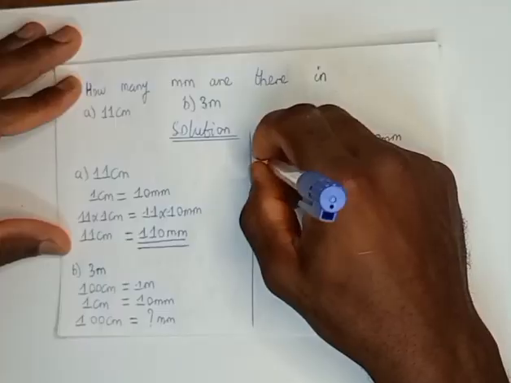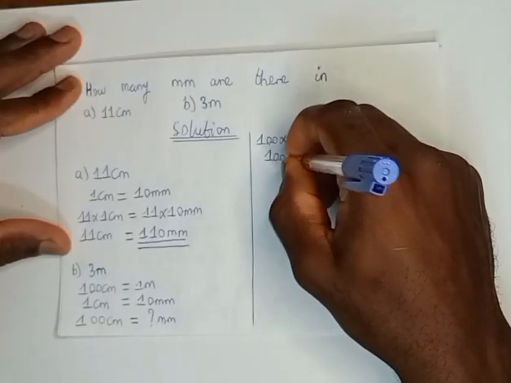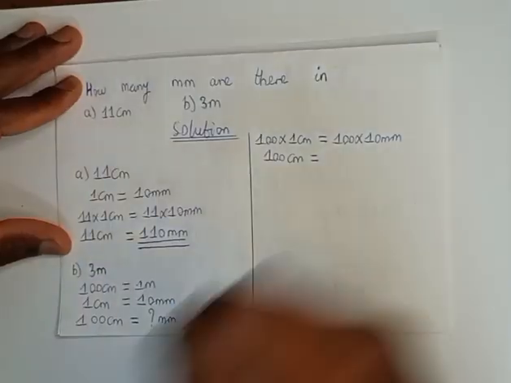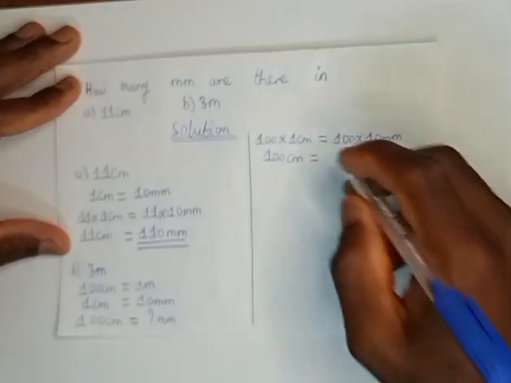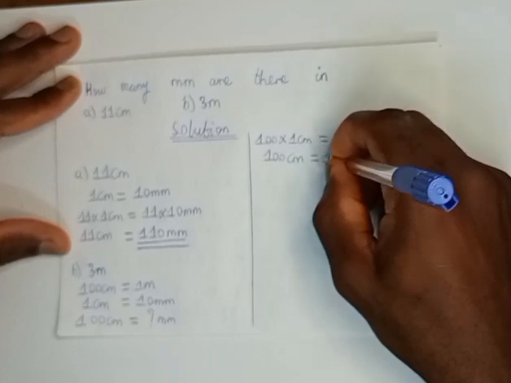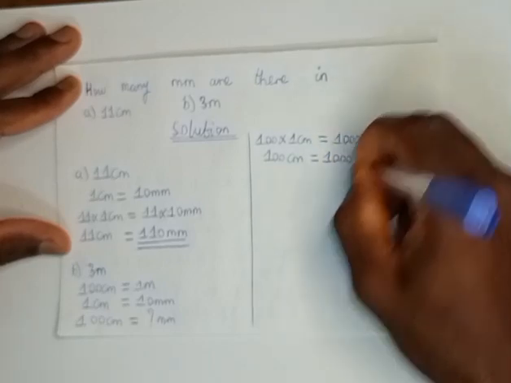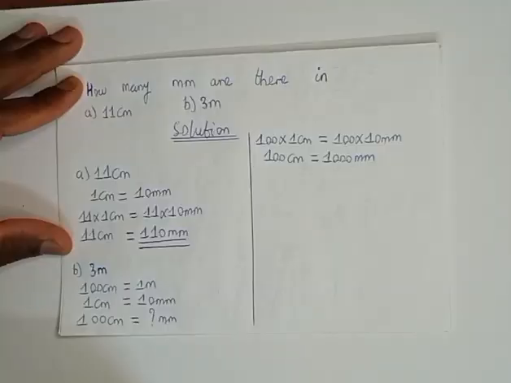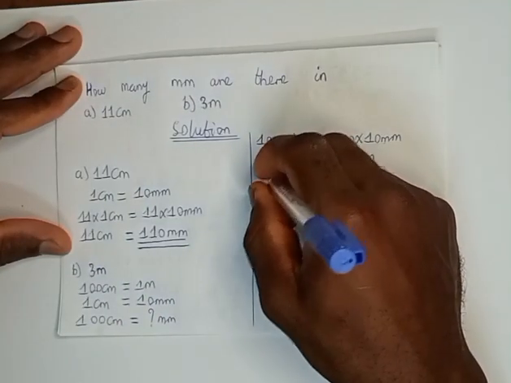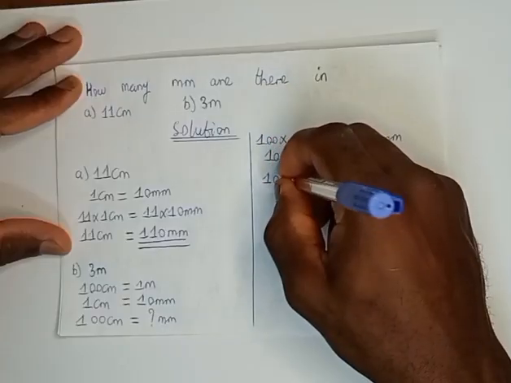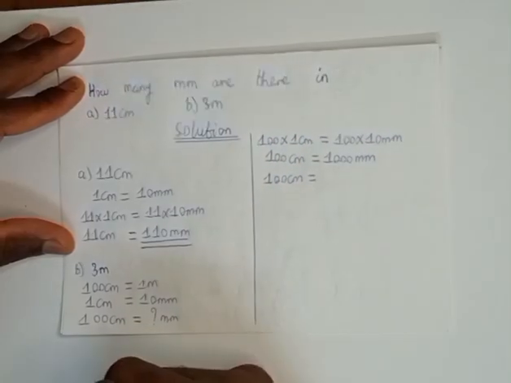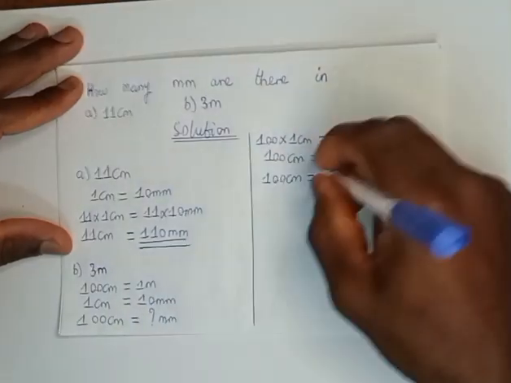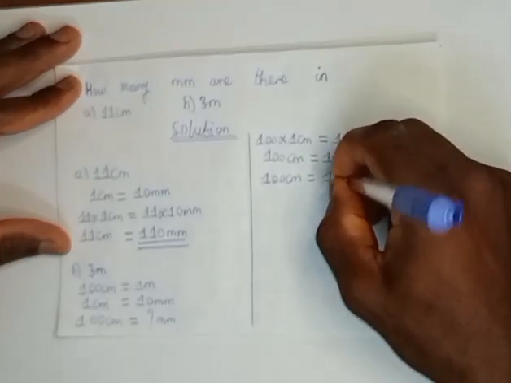This will give us 100 centimeters equal to 100 times 10 millimeters, which gives us 1000 millimeters.